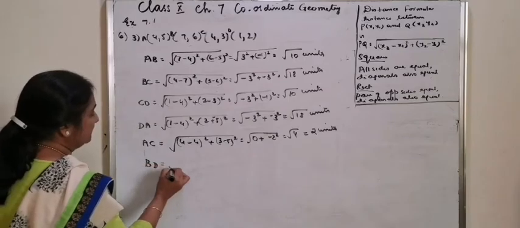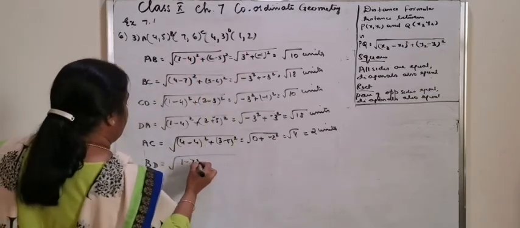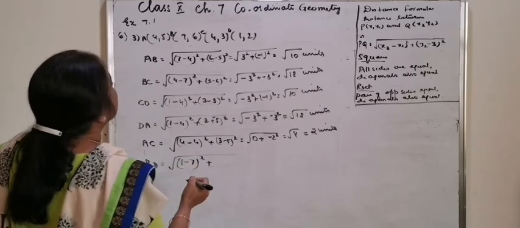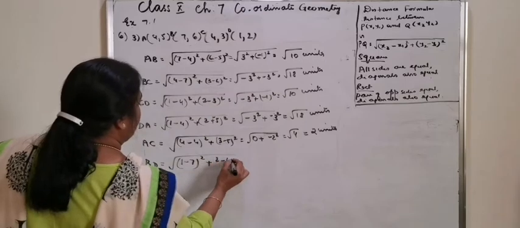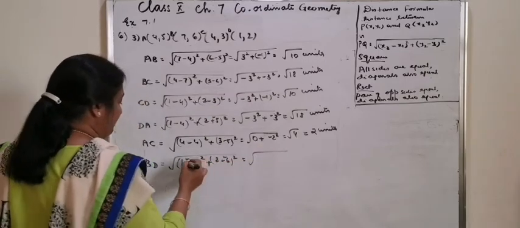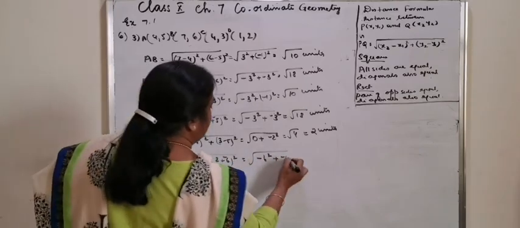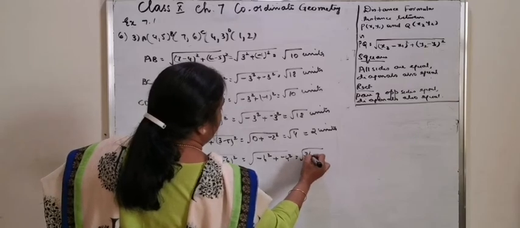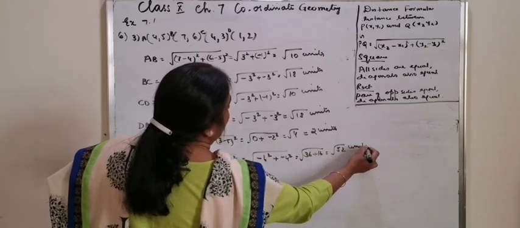BD length is the square root of (1 minus 7) the whole square plus (2 minus 6) the whole square, minus 6 square plus minus 4 square, square root of 36 plus 16, which is equal to root 52 units.